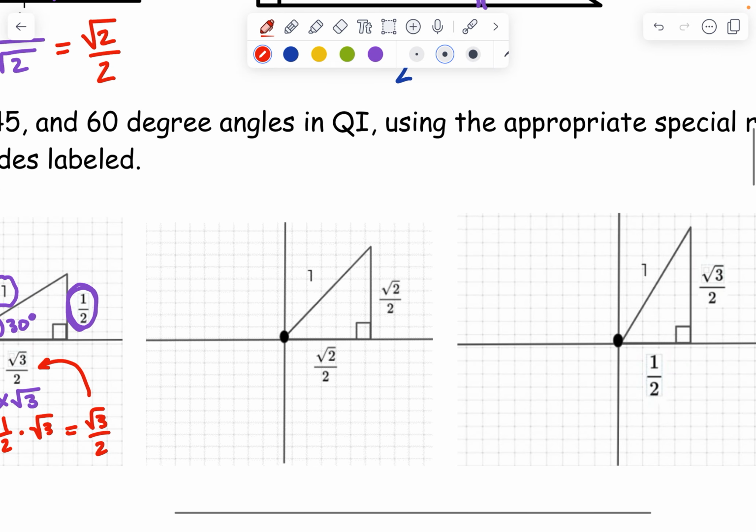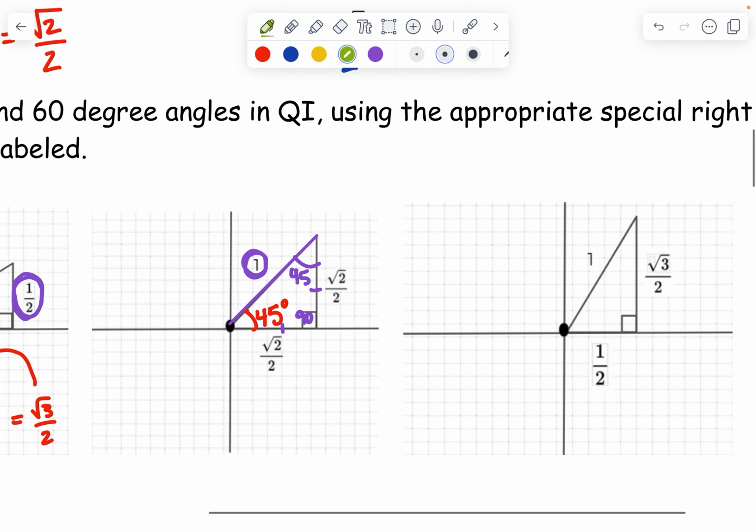If we move over here and we put our 45 as our theta, on a 45, 45, 90, remember the sides are the same. So if the radius, the hypotenuse, is 1, our sides are square root of 2 over 2.